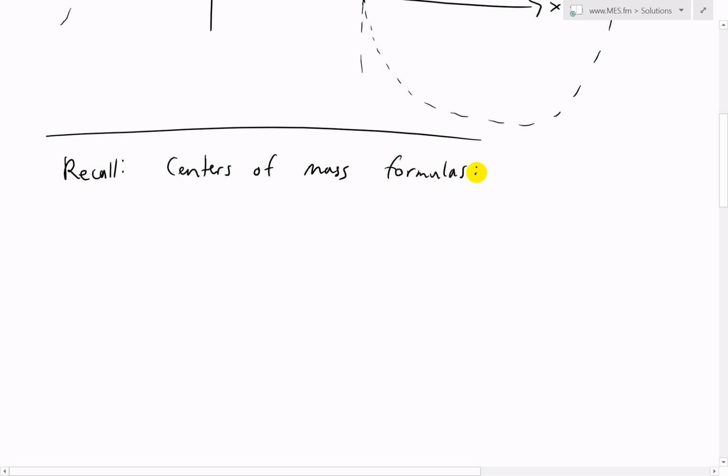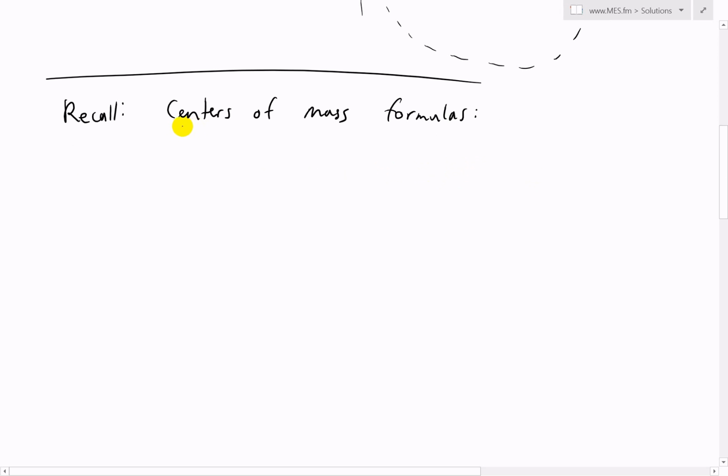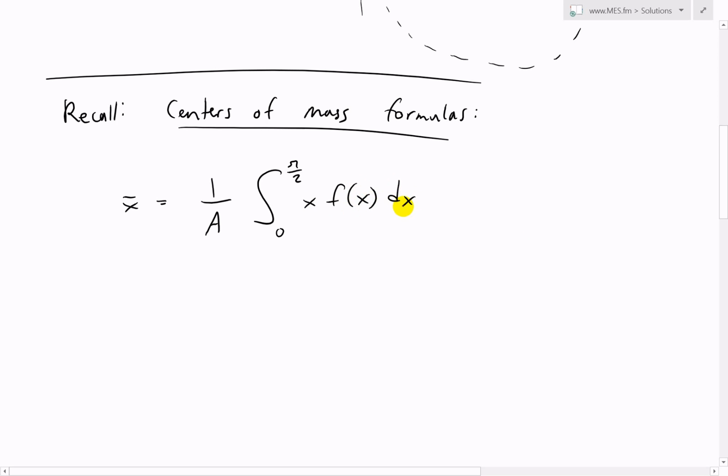In my last video or earlier videos, I showed that the center of mass for the x variable equals 1 divided by the area, and in our case the integral is from 0 to pi over 2 of x f of x dx.